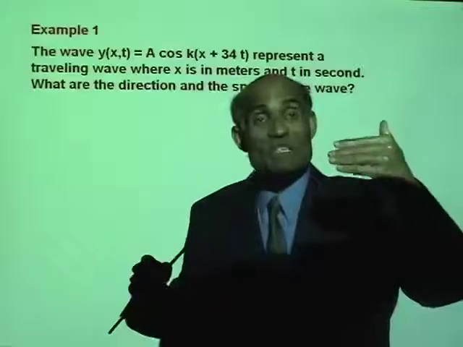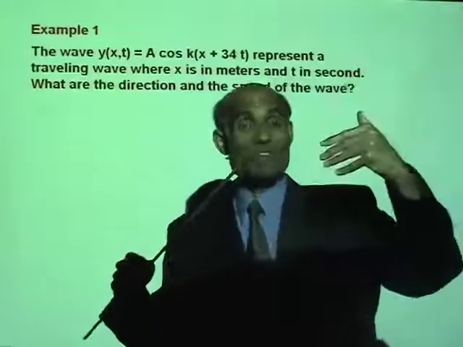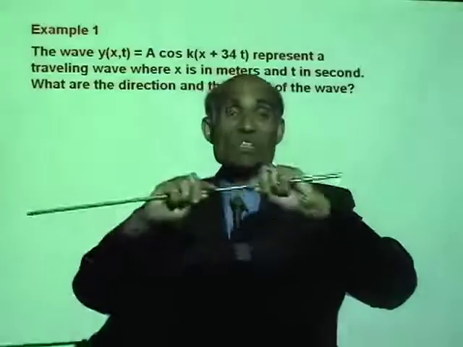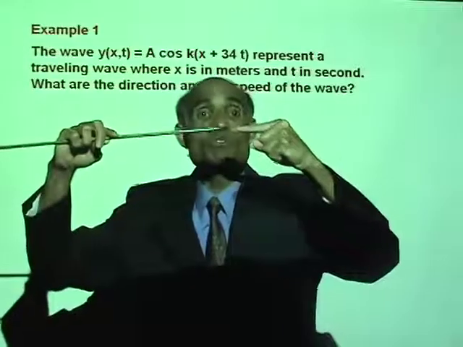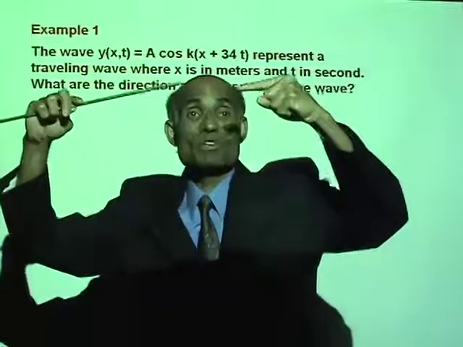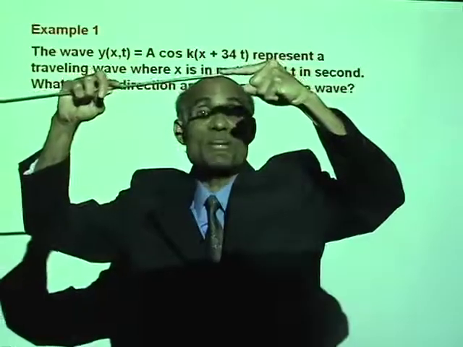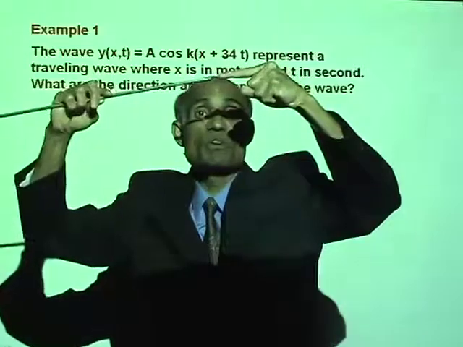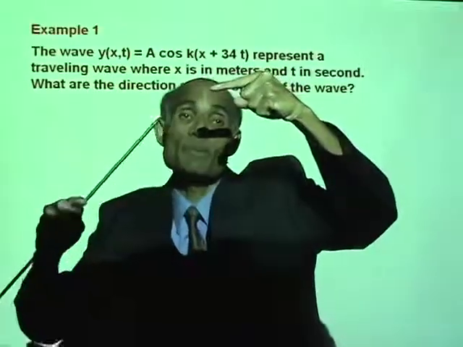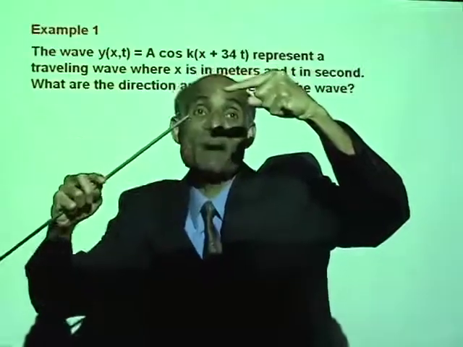A function can be a sine function or a cosine function. The wave function will be a sine function if at t equal to 0 the particle is at the equilibrium position. If the particle is at the upper extreme when t equals 0, then there will be a phase difference of pi by 2.